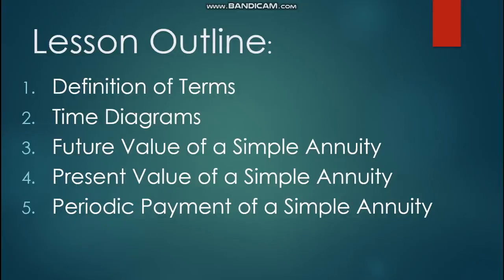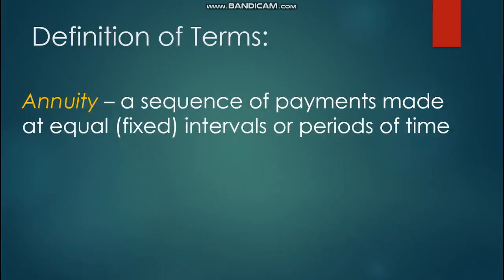So, let's start our lesson by defining important terms in annuity. We have here the definition of annuity. It says a sequence of payments made at equal, fixed intervals or periods of time. Ibig sabihin, pag magbabayad ka ng bayarin mo at equal intervals, let's say monthly, quarterly, semi-annually, or annually, tatawagin natin yung annuity.